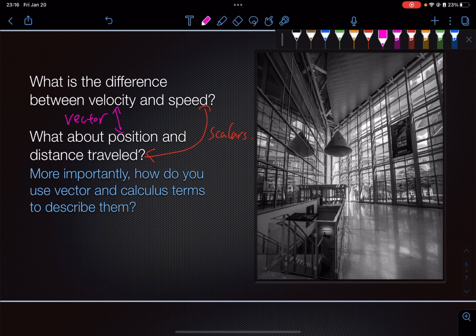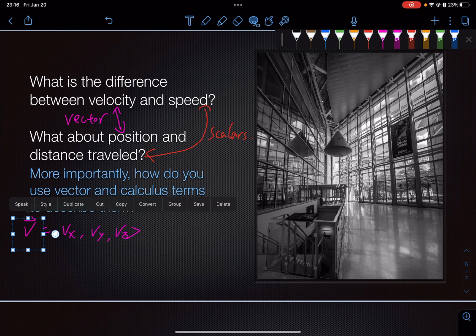Now we have a basic understanding of what they mean. How can we use calculus to describe these quantities? Let's start with the velocity. At this point, we all know that velocity is a vector, let's say equal to vx, vy, vz.